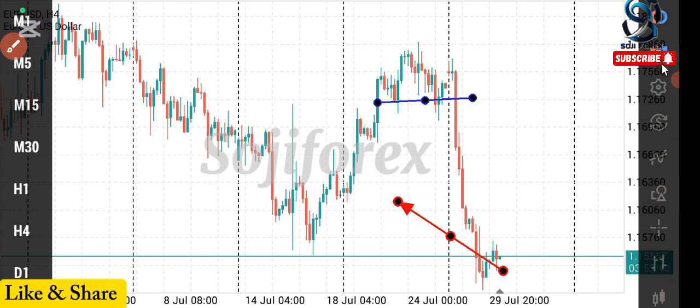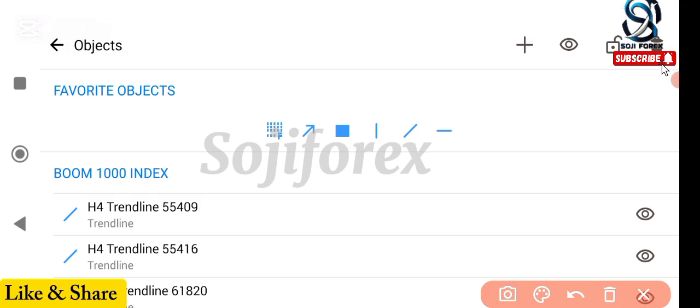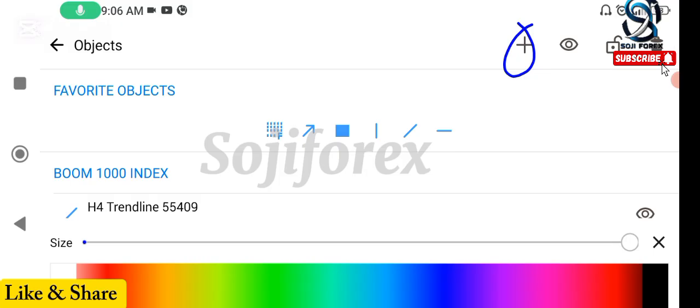When you click on it, it will give you the list of all of these. So you can either use the square, and if you are going to use the square, perhaps on your own chart, if you haven't been using it before, it will not appear. All you need to do is click on this plus sign.